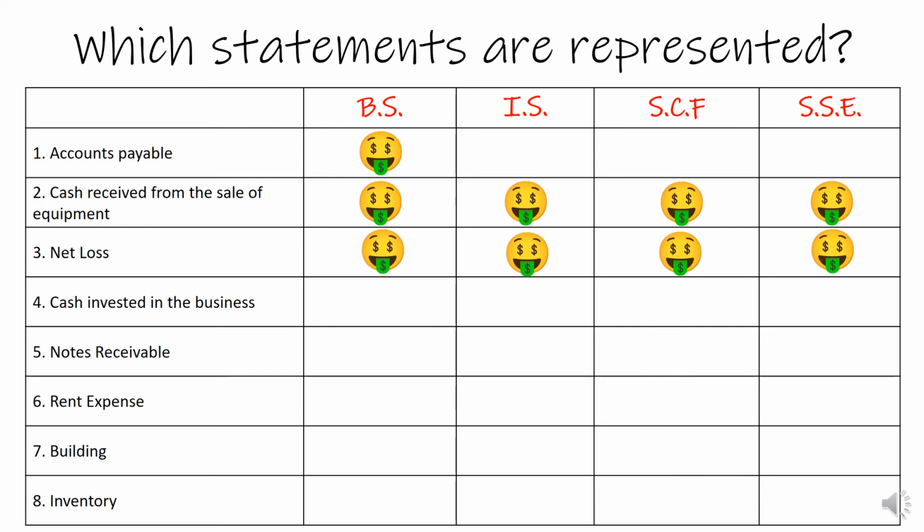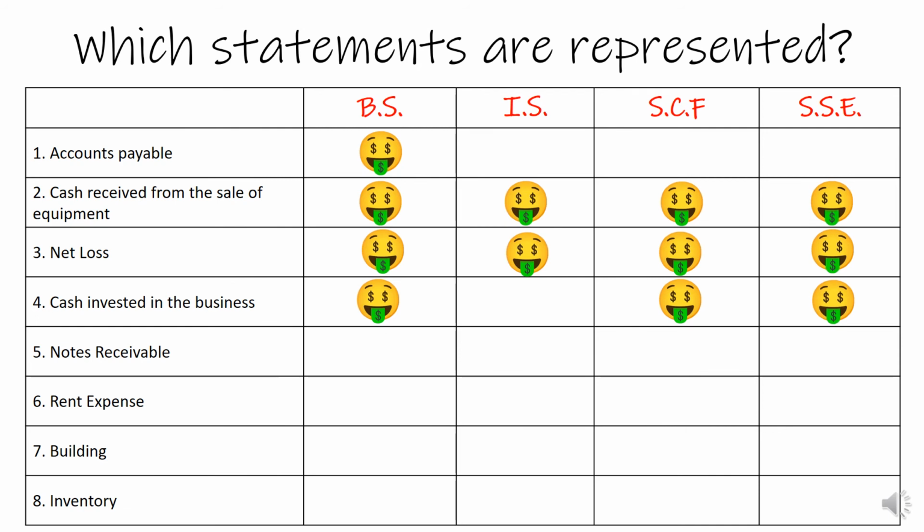Number 4, cash invested in the business. This transaction represents 3 of the 4 statements. It's a balance sheet transaction because cash is coming into the business in the form of an owner investment.